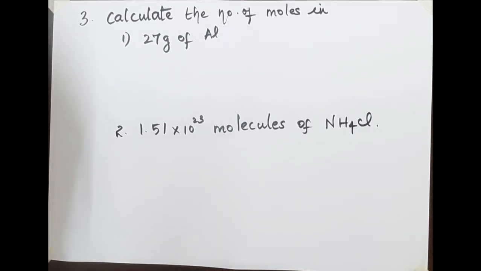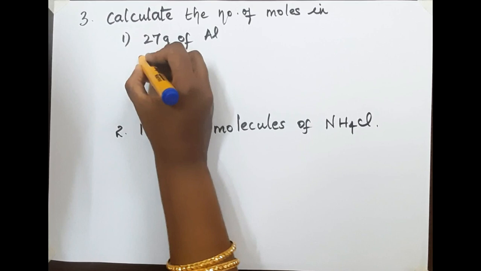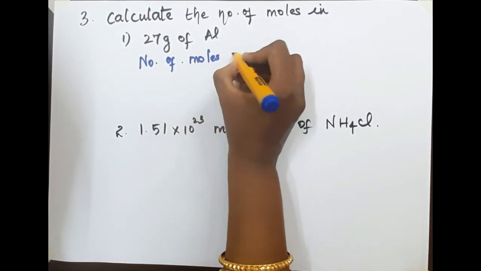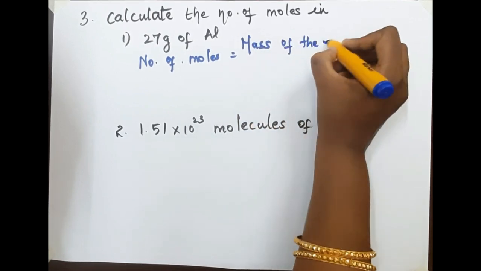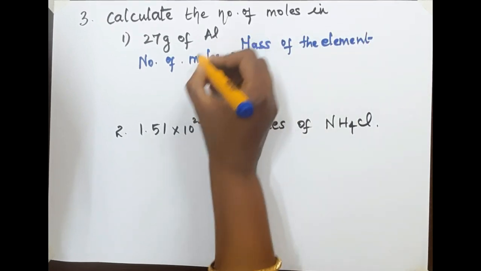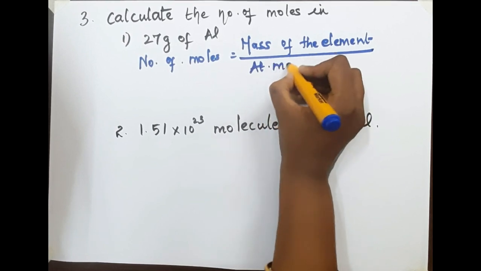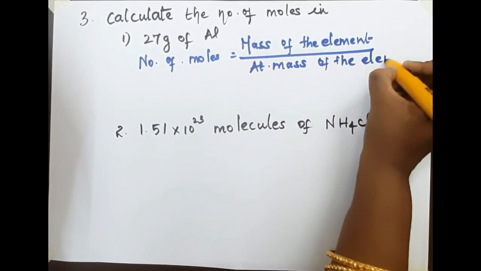Number of moles is equal to mass of the element by the atomic mass of the element. So first we have to write the formula. Number of moles is equal to mass of the element, because only element is given, so accordingly you have to select the formula, divided by atomic mass of the element.